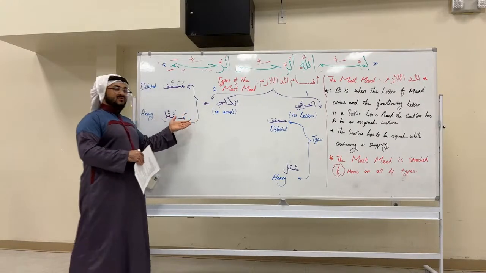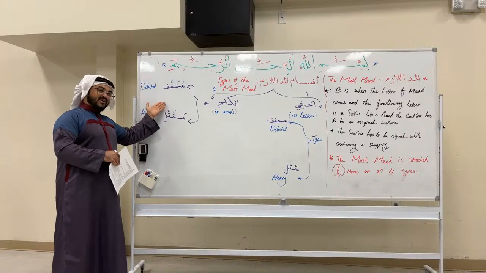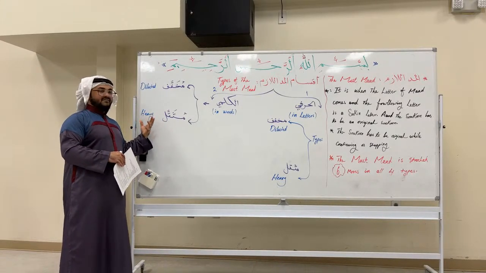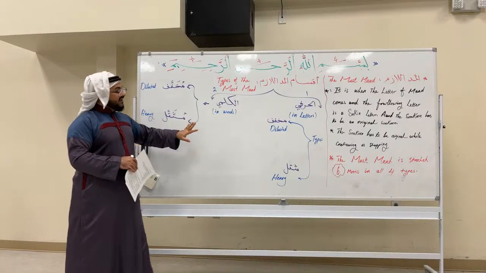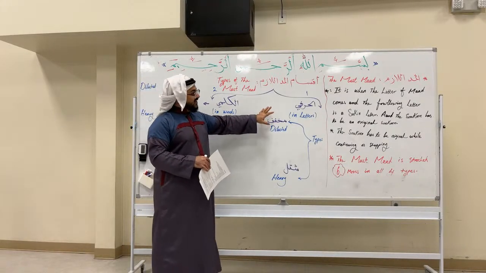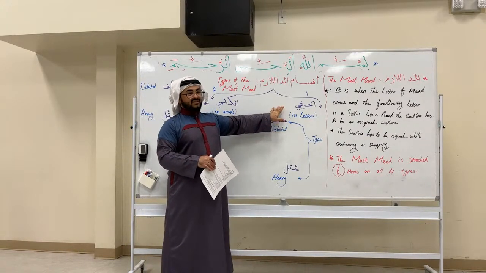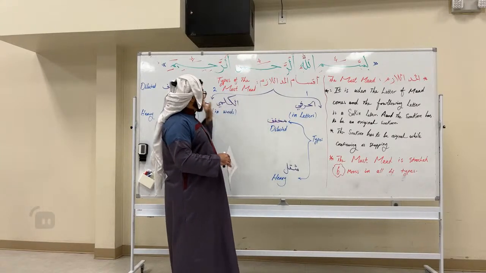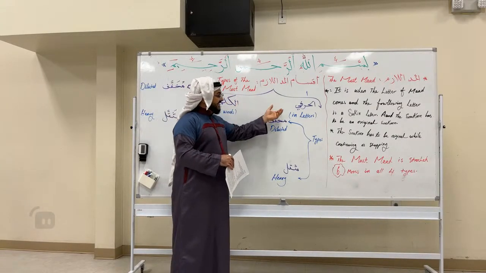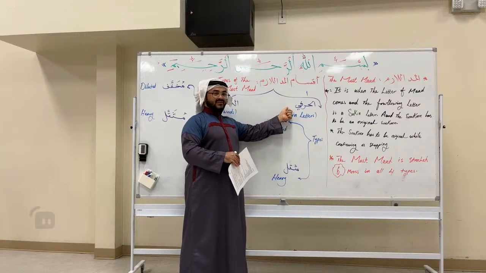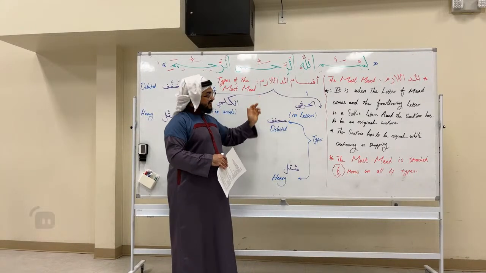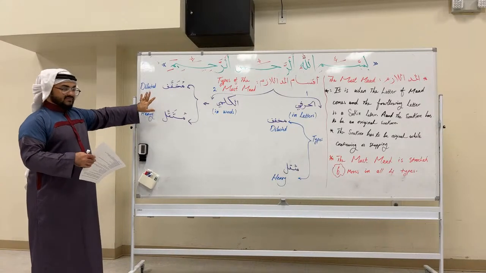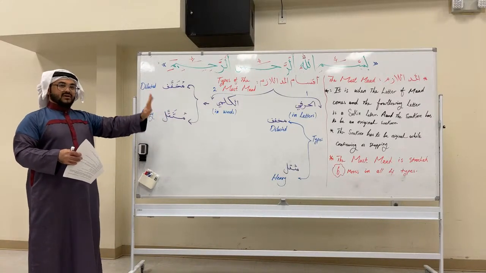And the same thing in kalimi, it comes mukhaffaf and muthaqqal, diluted and heavy. Right now, we are going to study the harfi. That's why I want you to pay attention, because I don't want you to confuse the whole thing. So I'm going to start with the harfi only, inshallah. I'm going to erase the kalimi and explain only the harfi.